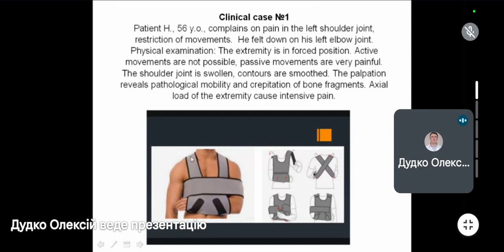These 2 strips go above the shoulders and posteriorly in crossway, and then from the anterior part, there are two velcros that you can stick to this part. The second part is the transverse part. You wrap the patient with it, and it will fix the humerus to the body.